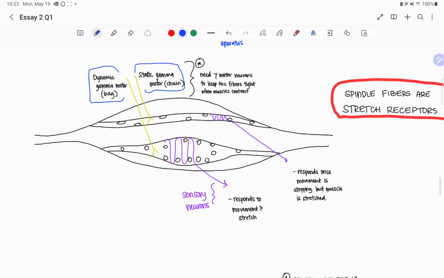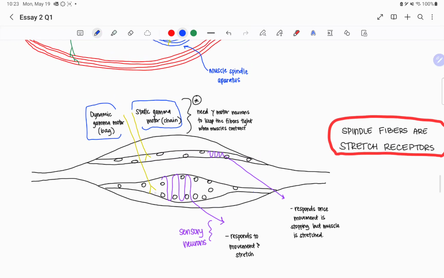Okay, so inside, near the middle, we have this big one called a bag. Bag, this is the chain fiber. Okay, now inside each of these, they have a sensory neuron.